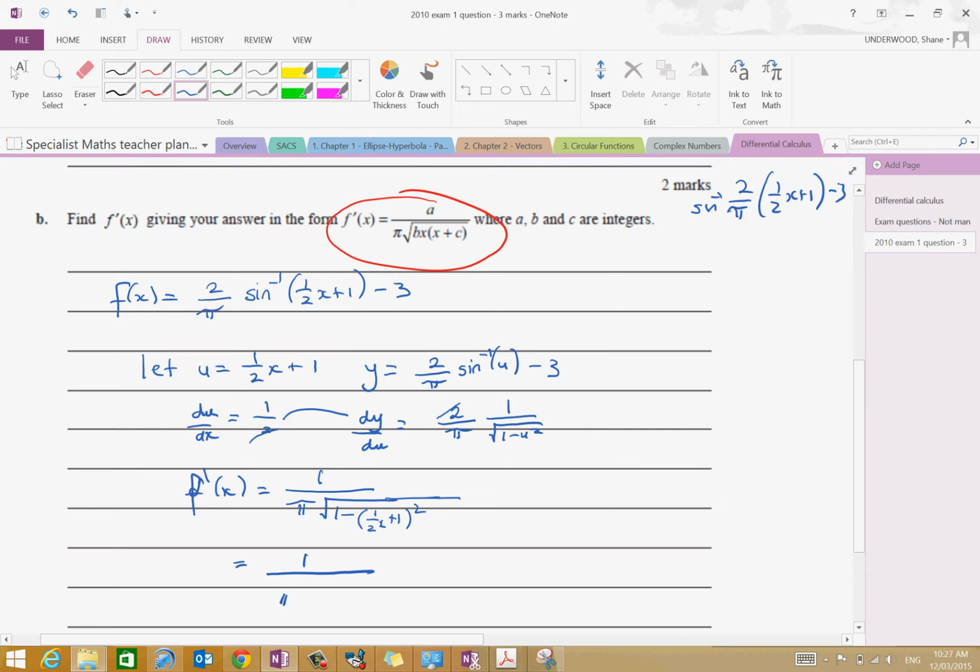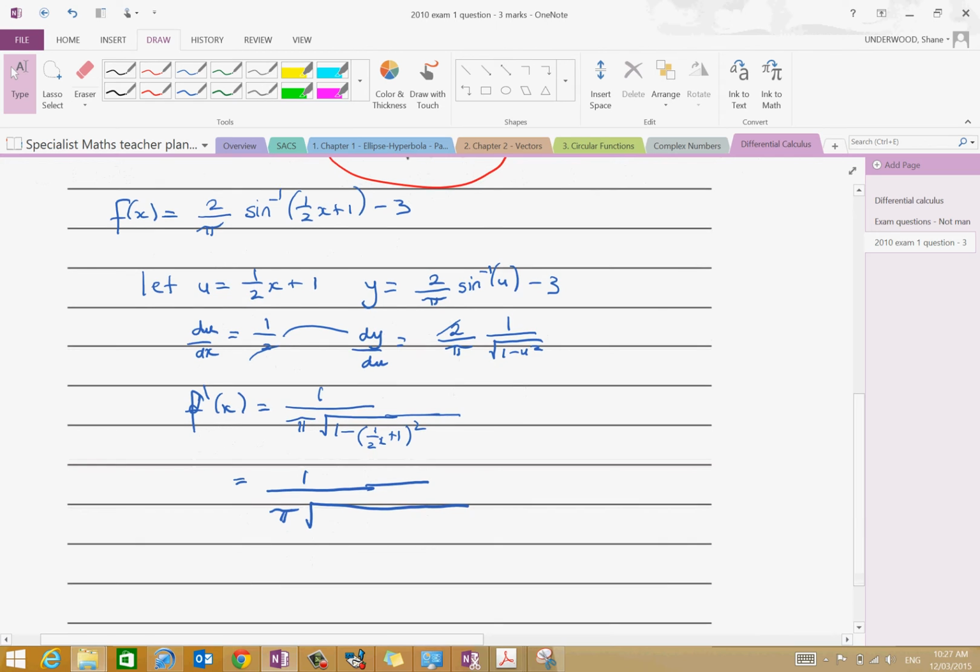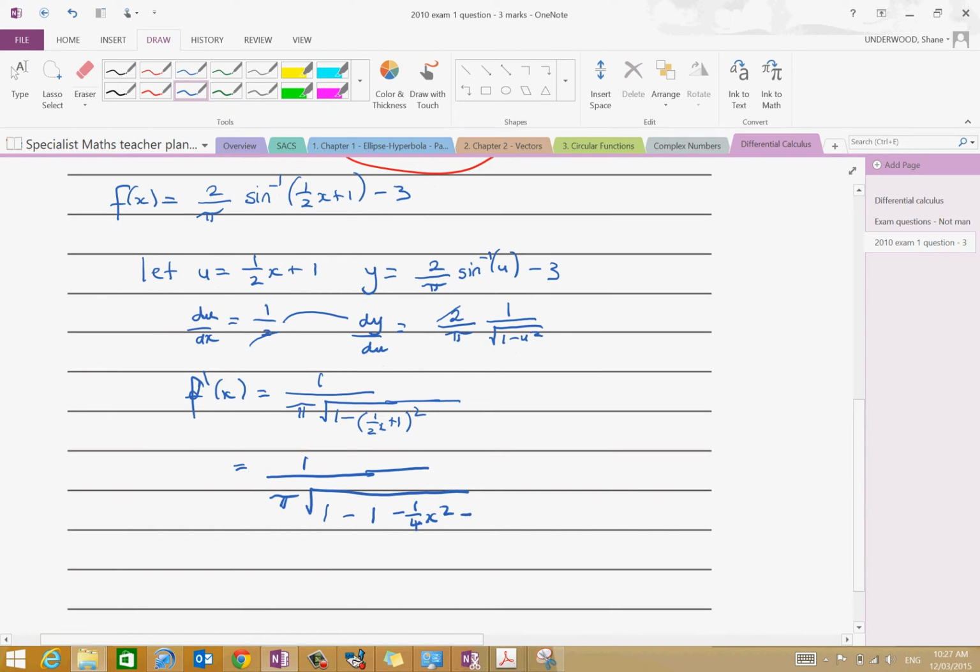1 over pi, and then in the square root sign, I'm going to say that that's 1 minus, 1 minus a quarter x squared, half x plus a half x, x minus x, isn't it?